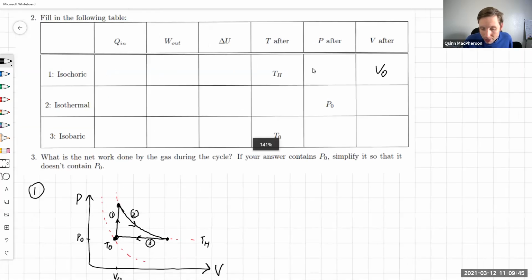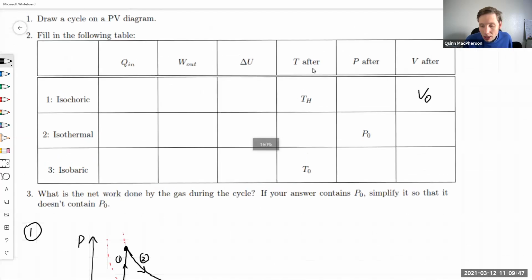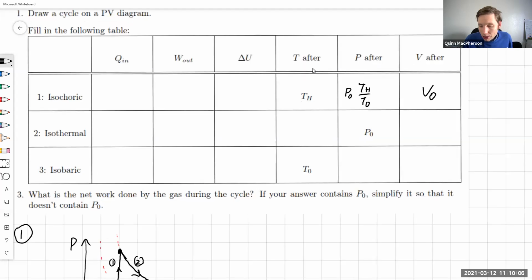Well, by PV equals nRT, if the temperature goes from T0 to T hot, the pressure must increase by the same fraction. So P naught times T hot over T initial. So that's my final pressure.